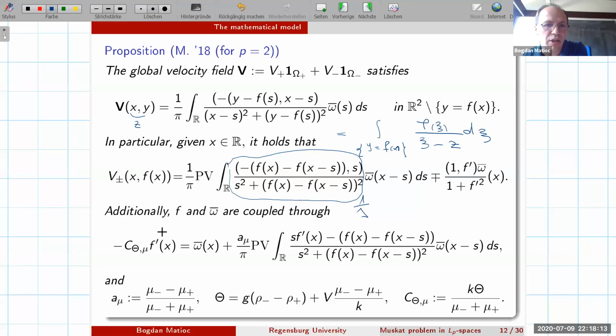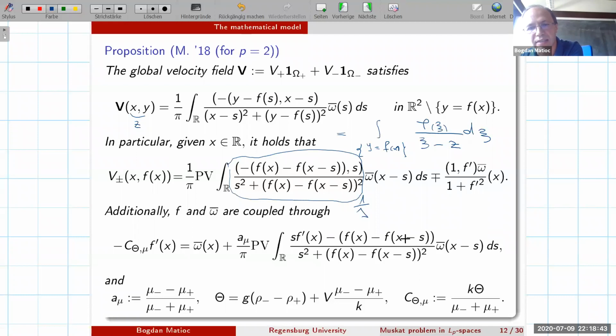This is not all. From the dynamic boundary condition and Darcy's law, one obtains an additional relation between omega bar and f. So this is a coupling. On the left-hand side, we have a constant and the x derivative of f. And on the right-hand side, we have omega bar plus, again, a singular integral operator with kernel defined in terms of f, applied to omega bar.